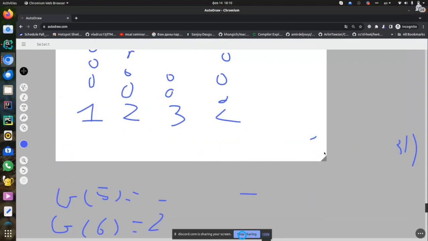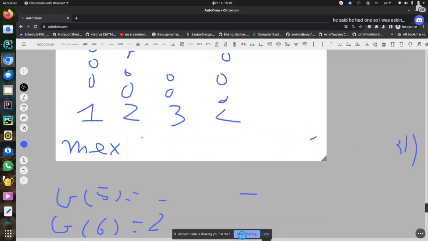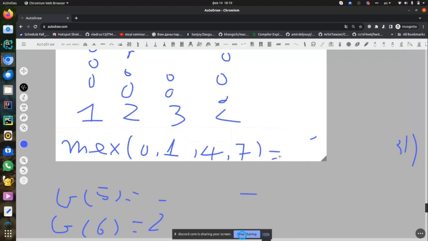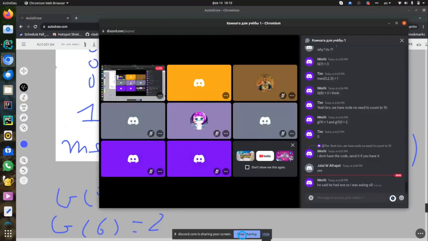So let's say if we have 0, 1, 4, and 7. What will be the result here? The smallest non-negative number not present in the set is 2. Yeah, that's right. It's not a live lecture, we are having a talk at a cafe, so we discuss something we know about.